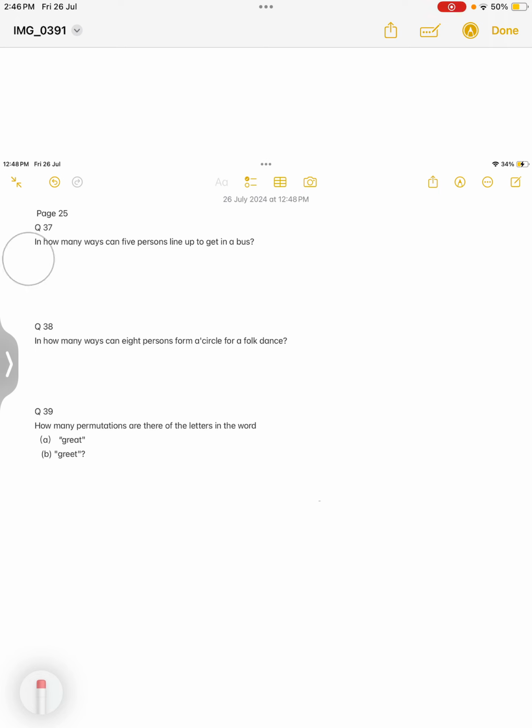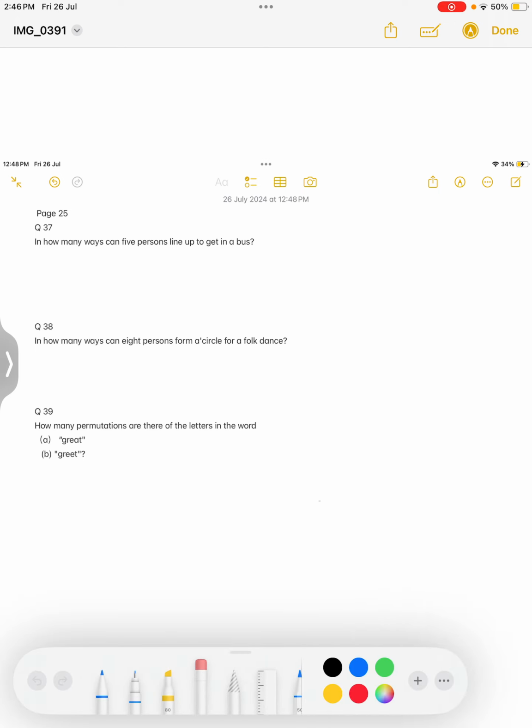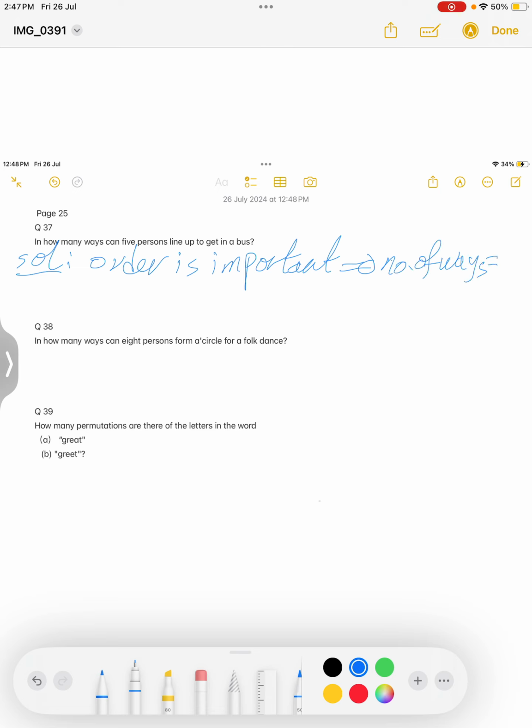Since the order is important, the number of ways is n factorial, which is 5 factorial, equal to 5 times 4 times 3 times 2 times 1, which is 120 ways.